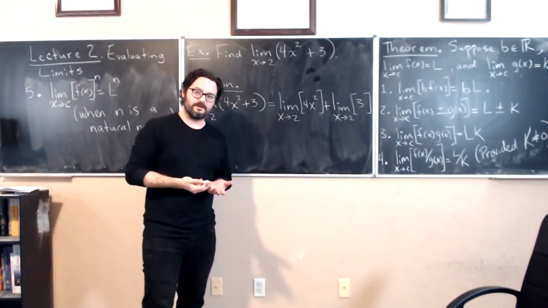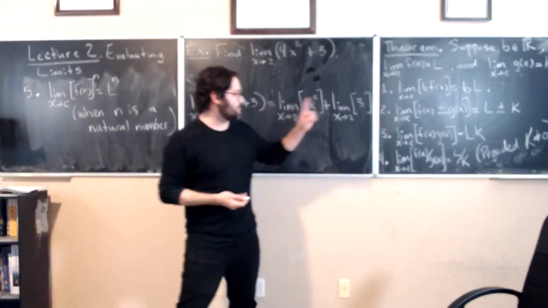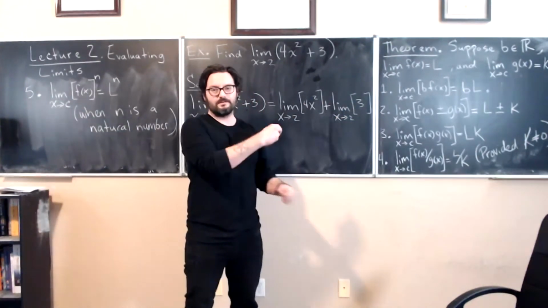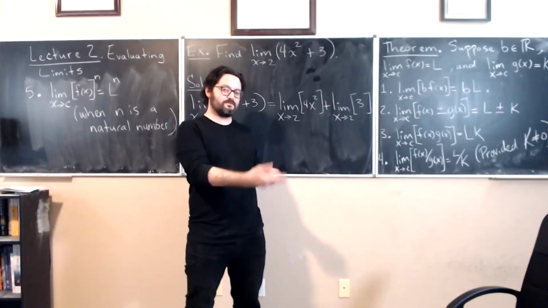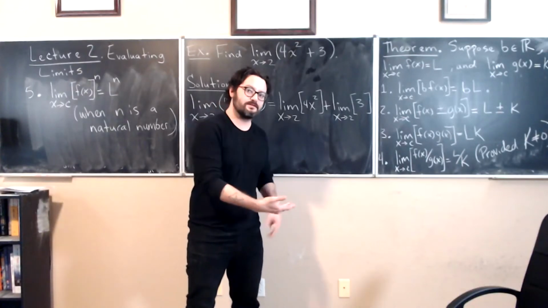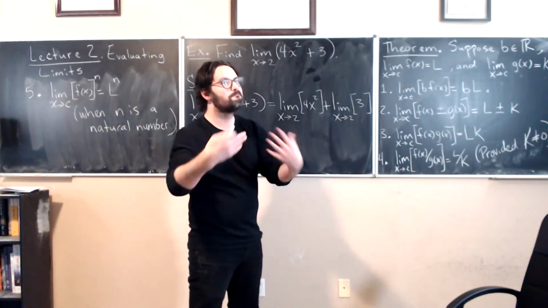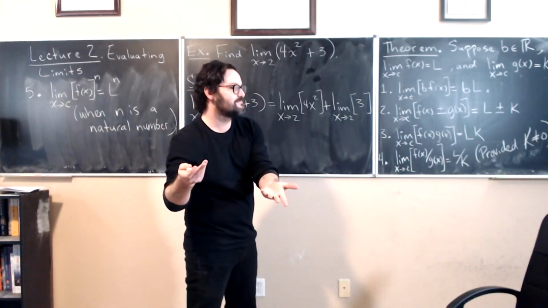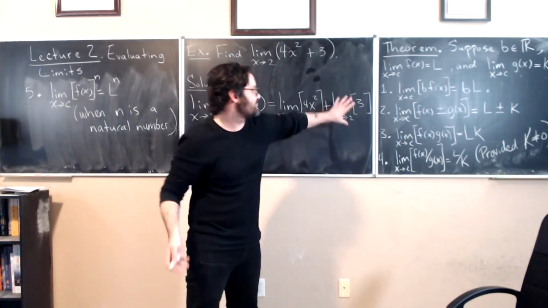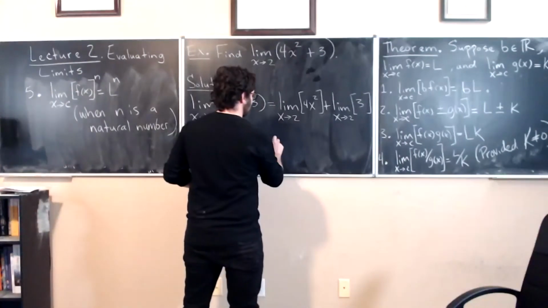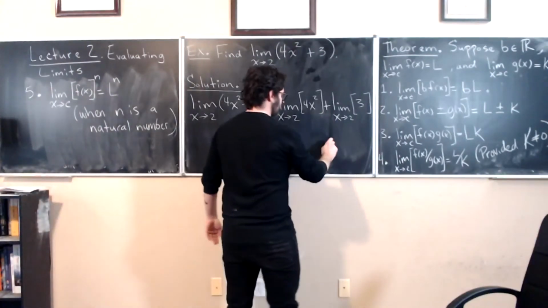Now, the first theorem that I wrote down today dealt with these constant things. The limit, no matter what x is approaching, of a constant is just the constant value. So that limit should be 3. Okay. So we know that I'm going to have a 3 over here.